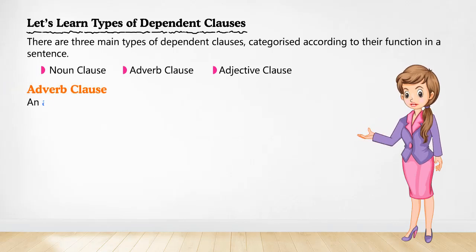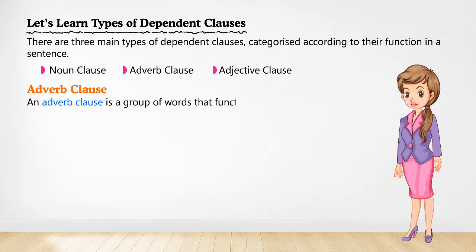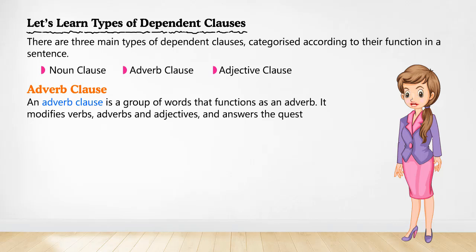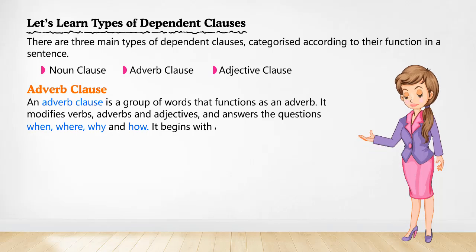Adverb clause. An adverb clause is a group of words that functions as an adverb. It modifies verbs, adverbs, and adjectives and answers the questions when, where, why, and how.